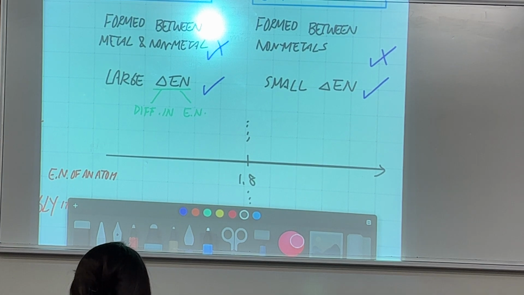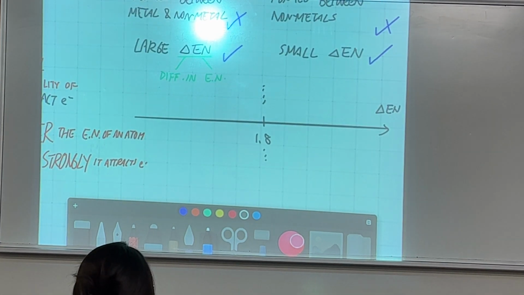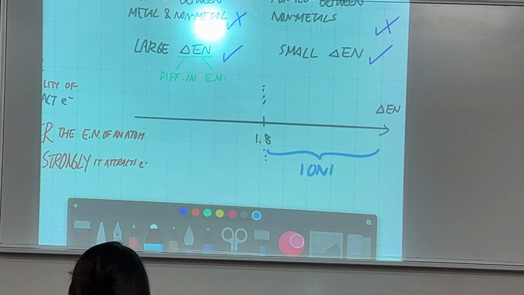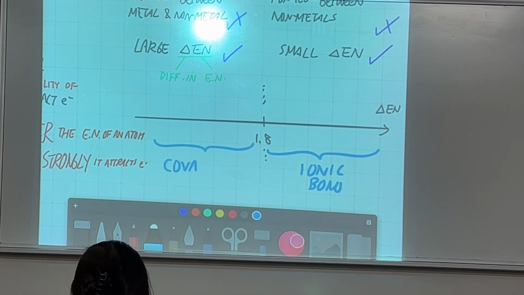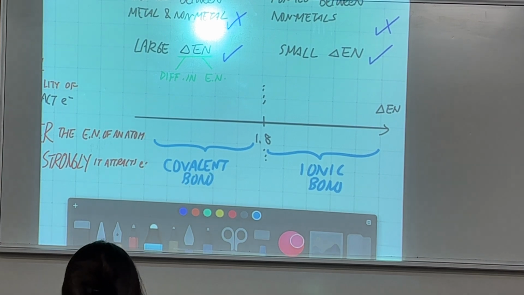If the difference in electronegativity exceeds or matches 1.8, we say the bond is an ionic bond. If the difference is lower than 1.8, we say it is a covalent bond.